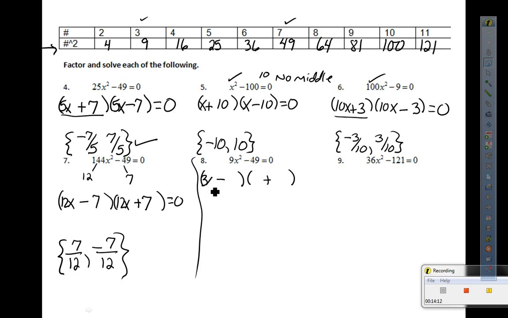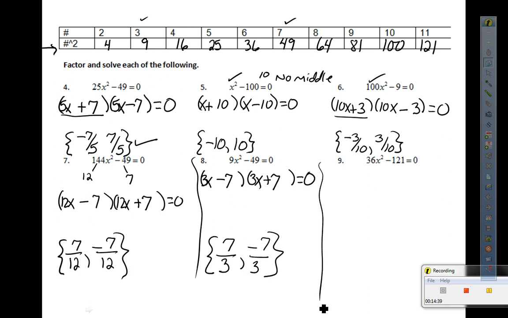I'm going to have a 3x there, a 3x there. The square root of 49 is 7. So there we got it factored. Now solve it. On this one, you would add 7, divide by 3. On this one, you would subtract 7, divide by 3.